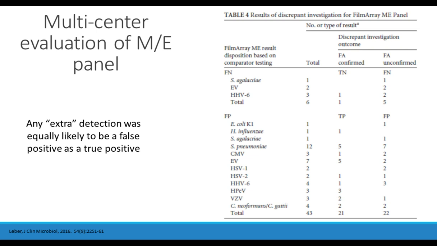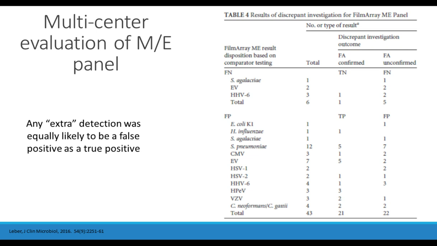When it came to the positives, the extra detections by the panel, it's really much more difficult to sort out. There were definitely cases where what was picked up by the panel would have been of benefit to the patient, things not originally described in the samples that were arbitrated to be the true result, the presence of that analyte.